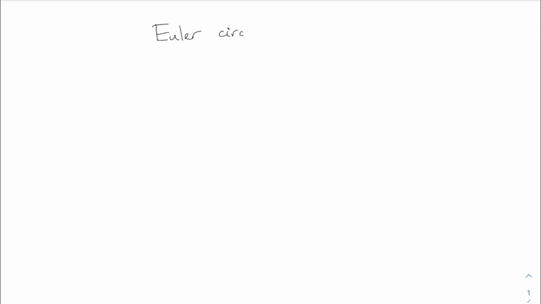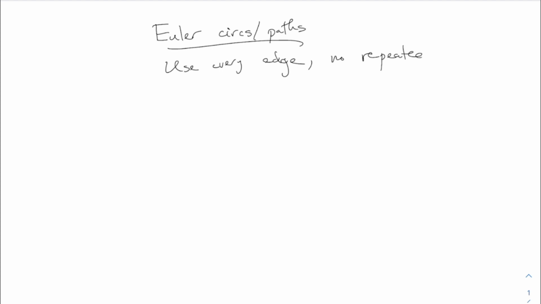Euler circuits and paths use every edge, with no repeated edges. And circuit means that it ends up back where it started. Path means that it starts and ends at two different points. All right? This is what an Euler circuit or Euler path means.